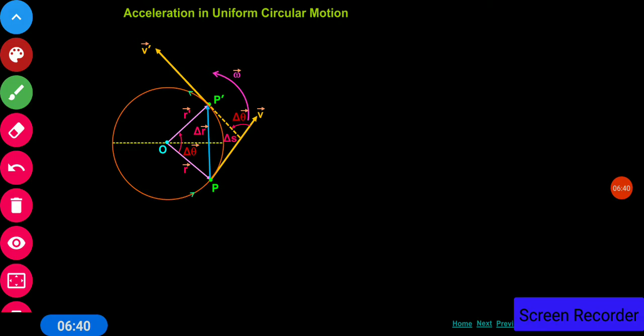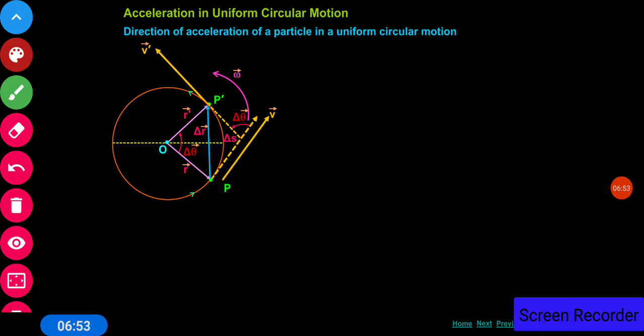Now acceleration in uniform circular motion. Let us draw the diagram again here. This is the direction of the acceleration of a particle in uniform circular motion, which we are going to calculate now. Since a vector can be drawn in any manner, if we shift a vector from one place to another, keeping its direction and its length constant, the vector does not change its value.